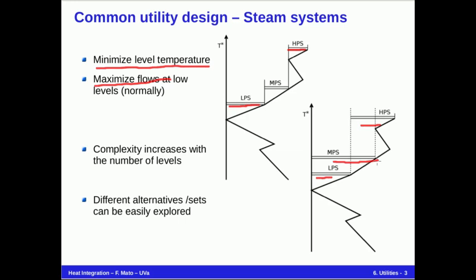The behavior of this steam system, the steam mains set, is very complex, and the complexity increases with the number of levels. It is not normal to see more than 4 levels of steam.